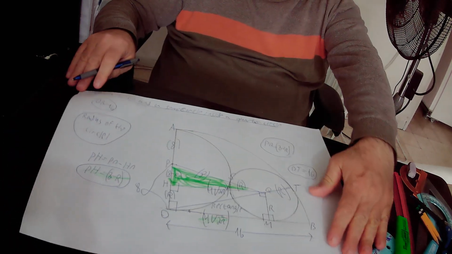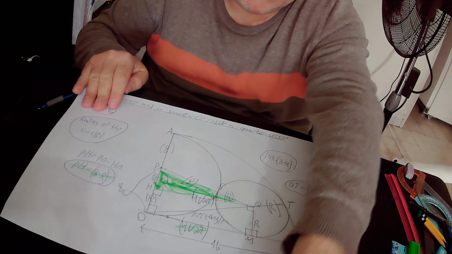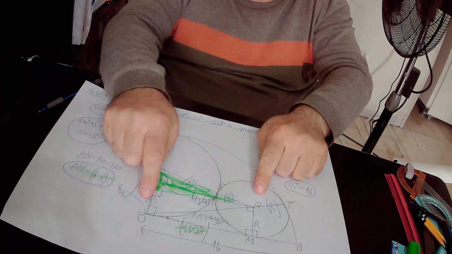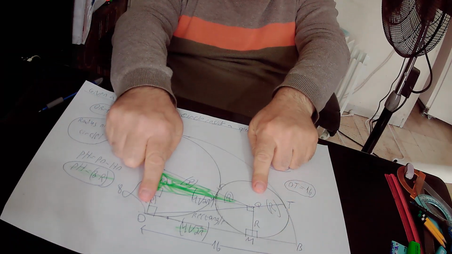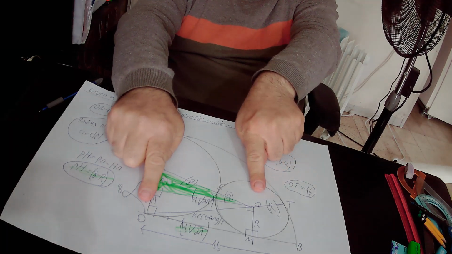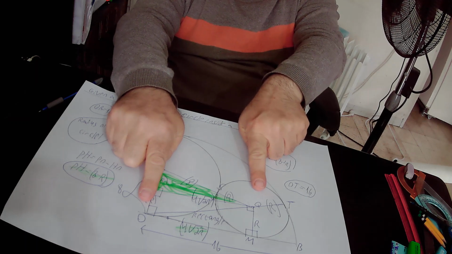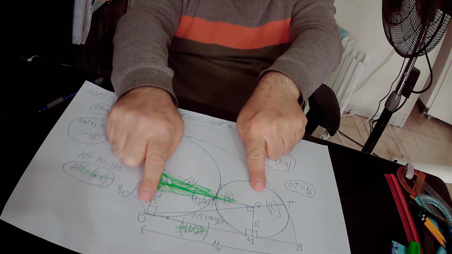What is the length of this line segment QO or OQ? It is very easy to see that OQ in total equals OT minus QT. Again, OT minus QT equals OQ.